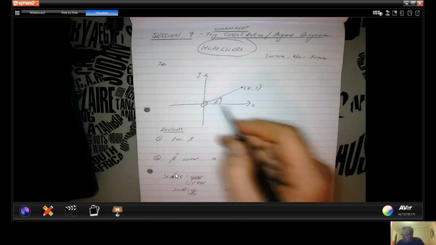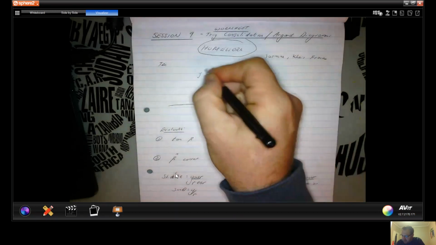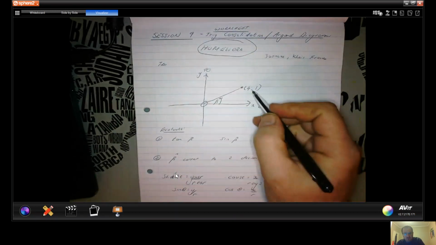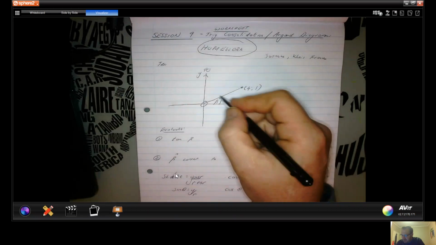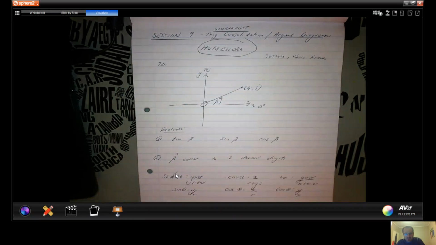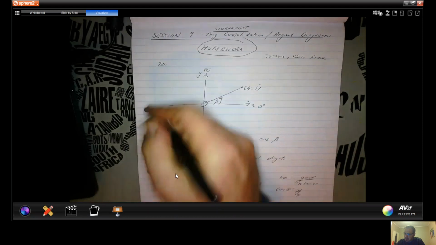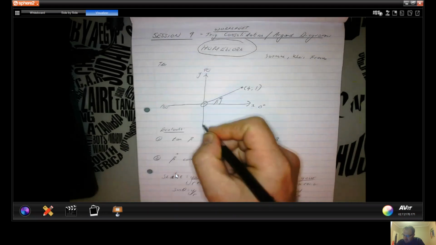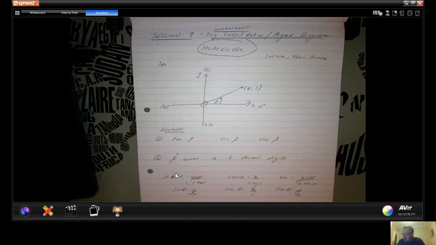X, that's 0 degrees, that's 90 degrees. You're given the point (4, 1). You're given some angle beta. Remember, your angles are measured in an anti-clockwise direction on the Cartesian plane. That'll be 0, 90, 180, 270. And the question said go find tan beta, sine beta, and cos beta.